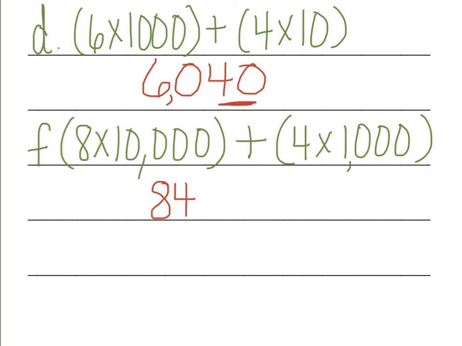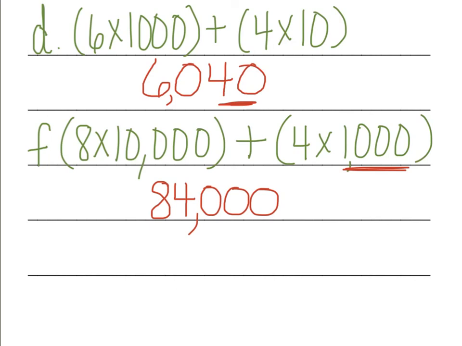Now, this one's a little more obvious. You actually have to have the 4 times the 1,000. If I just leave it 84, obviously that's not right. I have to have 3 zeros after it because there were 3 zeros after my 1. So that would be your answer.